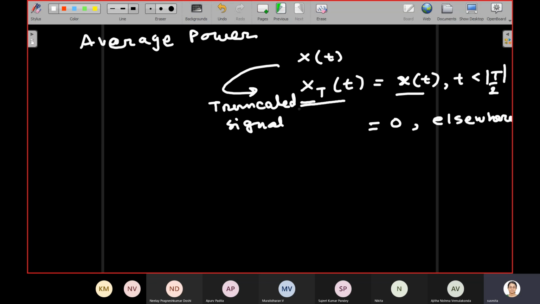When it is a periodic signal, the T is nothing but its period. But if it is an aperiodic signal, then we can take some suitable time, capital T, and truncate the signal. Then the average power, P average, is given by this.